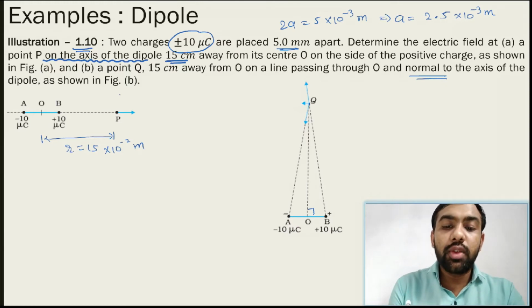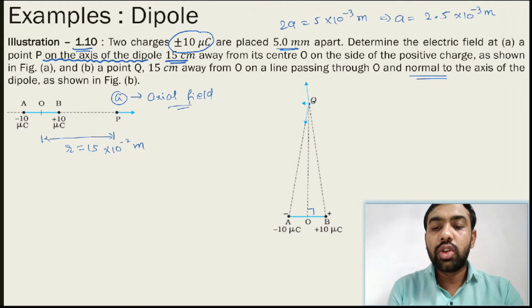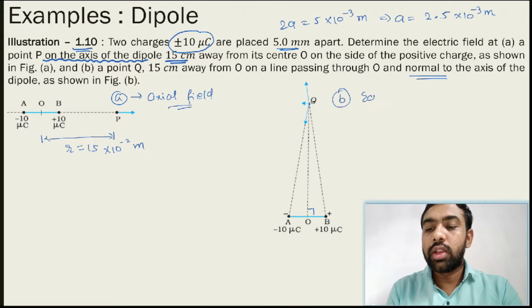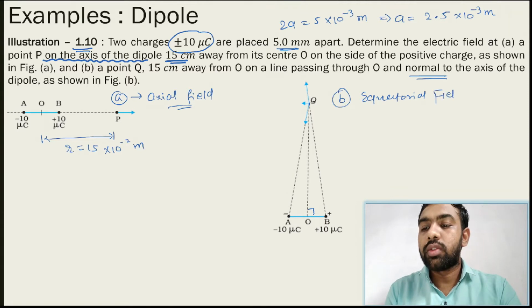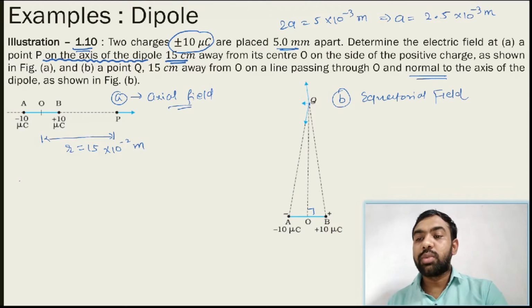Here we can use this equation. Case 1 is the axial field, and case 2 is the equatorial field. Here a is equal to 2.5 into 10 raised to minus 3 meter, r is equal to 15 into 10 raised to minus 2 meter.